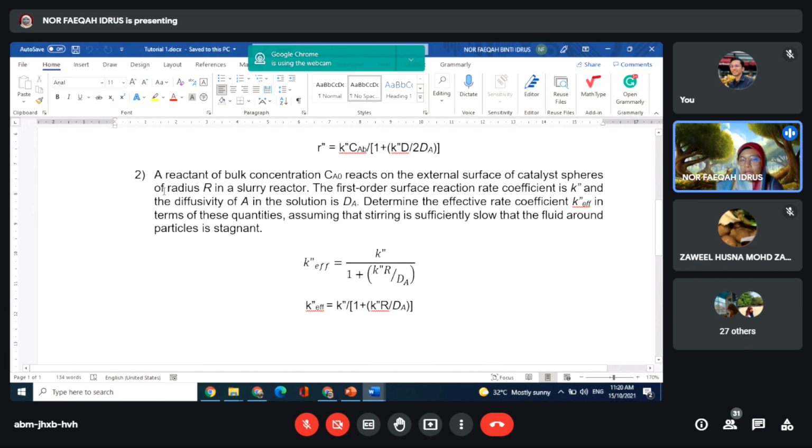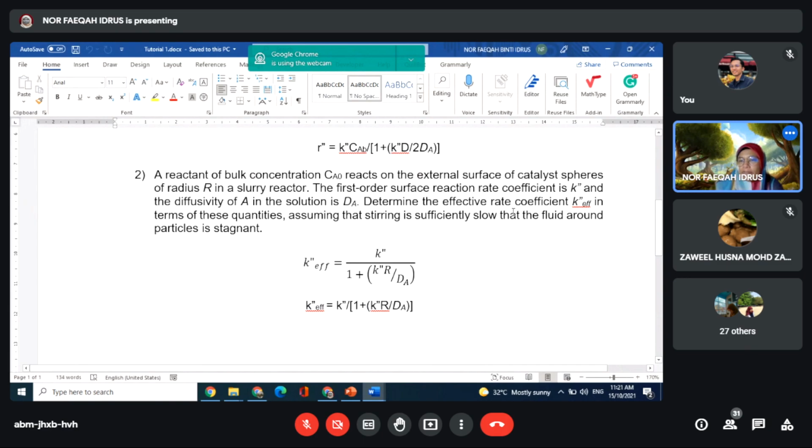So in this case dia bagi radius r in a slurry reactor. Reaction is first order, first order surface reaction rate coefficient k, and diffusivity of A is DA. So diffusivity must be in capital D.